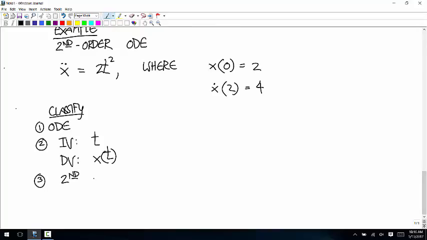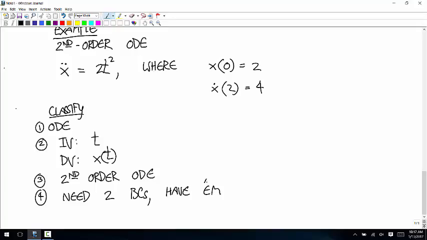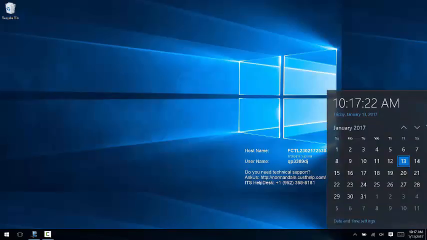Yep, second order. And so how many boundary conditions do we need? Yeah, we need 2 boundary conditions, and we have 2. That's what these are. Like I mentioned last time, that doesn't necessarily mean that those boundary conditions are going to work, but if you don't have 2 boundary conditions, you know it's not going to work. Okay, so we're ready to try this.